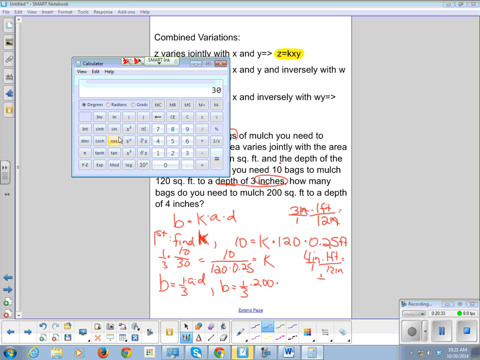I'm pretty sure that is 1/3 feet. So that would be 1/3 times 1/3 times 200. 22.22.